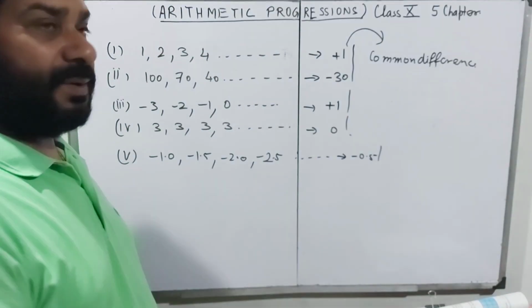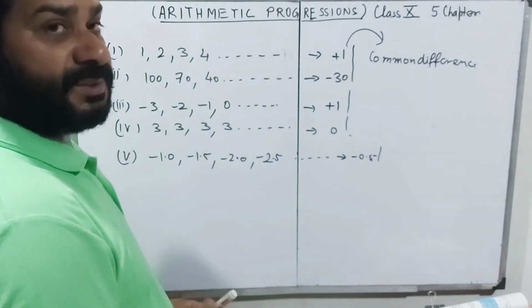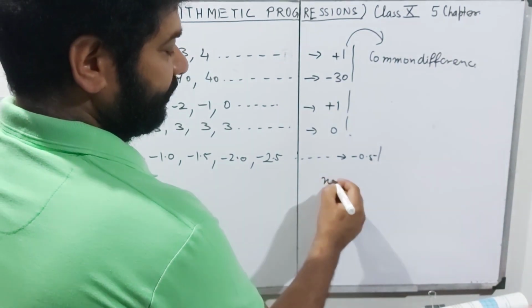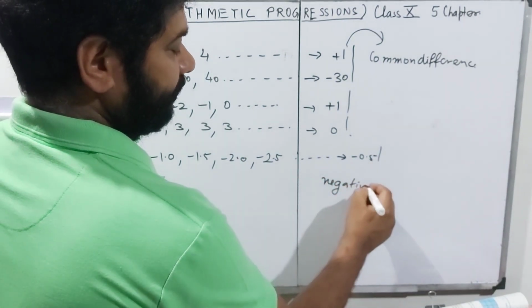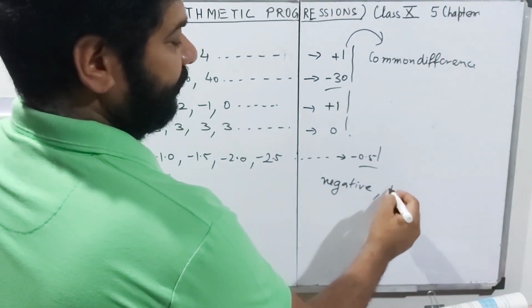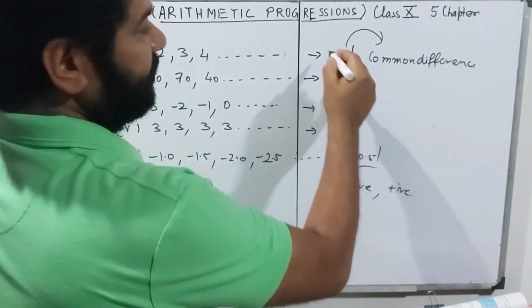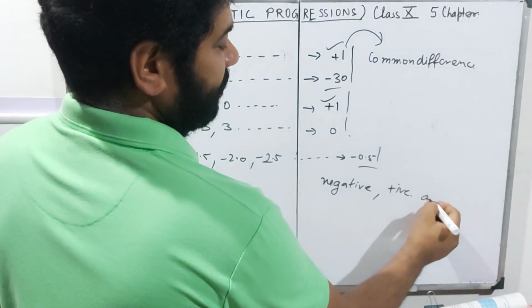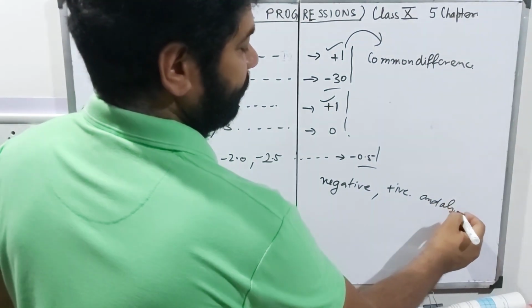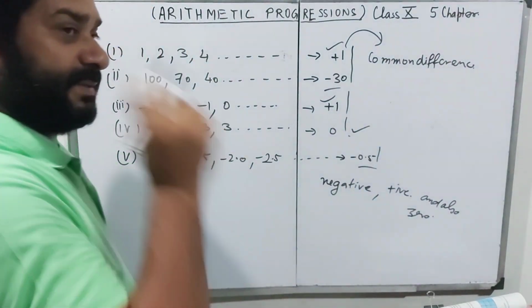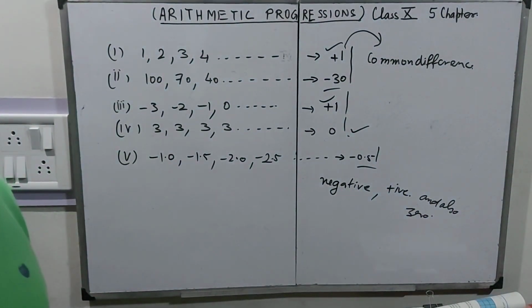And this common difference or fixed number can be negative, as you have seen in these two cases, positive, as you have seen in these two cases, and also 0, as you have seen in this case. That's all for this arithmetic progression. Thank you.